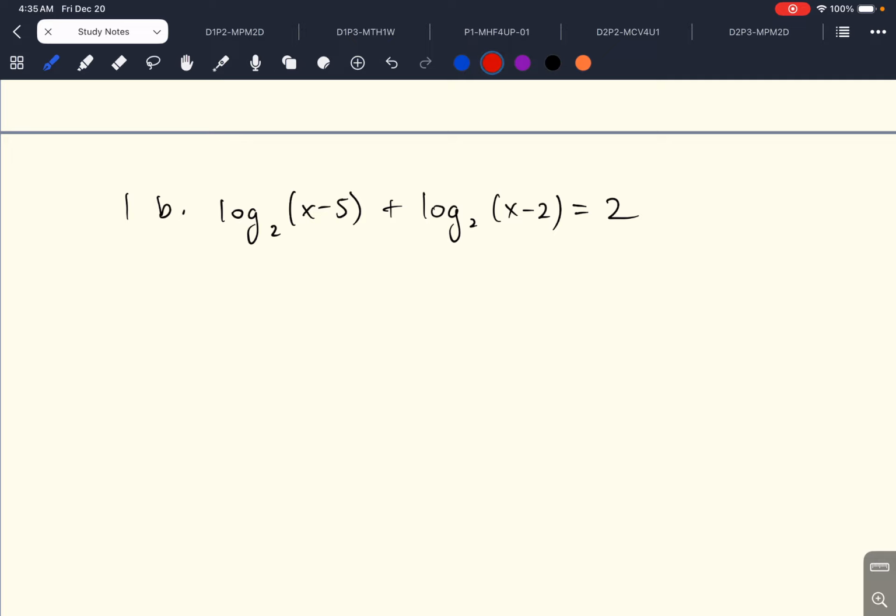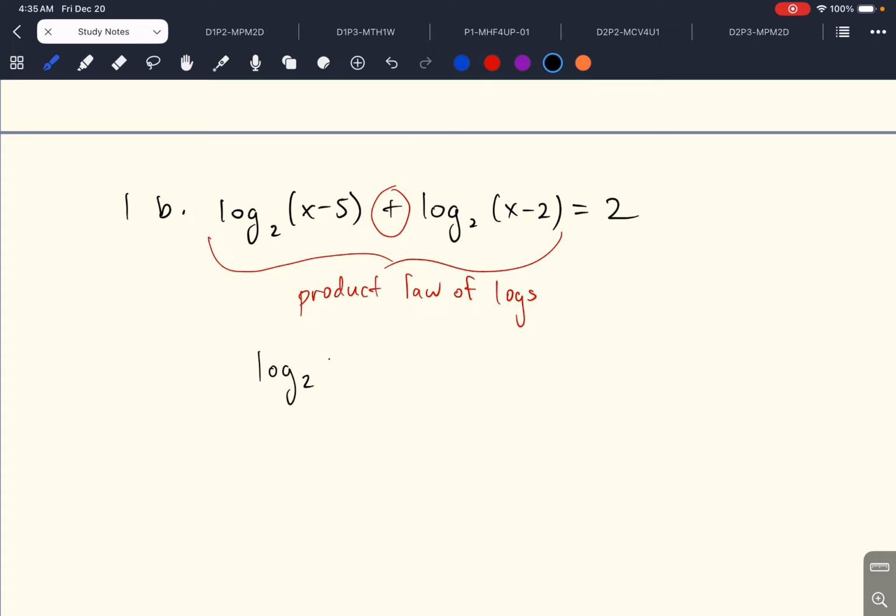And here, if you notice I have a plus sign in between these two logs, I can apply the product rule for logarithms, or the product law of logs, which is what we learned in our last lesson. So you can combine these two logarithms into one and say here log base 2 of x minus 5 times x minus 2 equals 2.